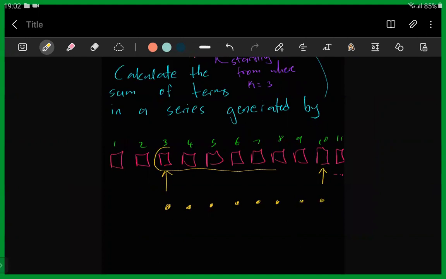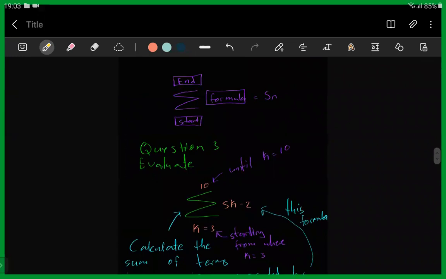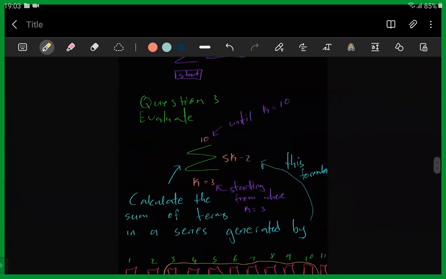Now, what is important for you to know is that when you get an expression that just says evaluate, you need to know these 3 things. Firstly, you start adding from where k is 3. You go up until where k is 10, and you need to know what kind of sequence you're dealing with.